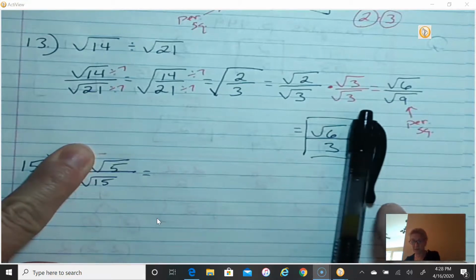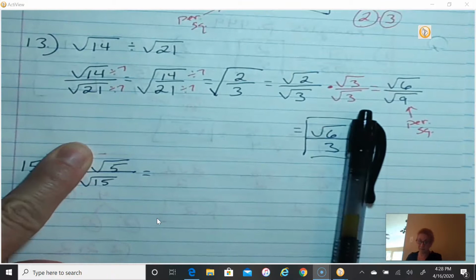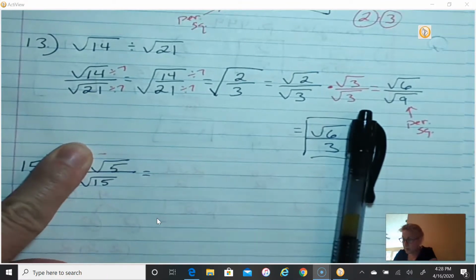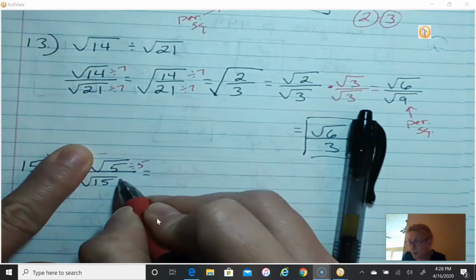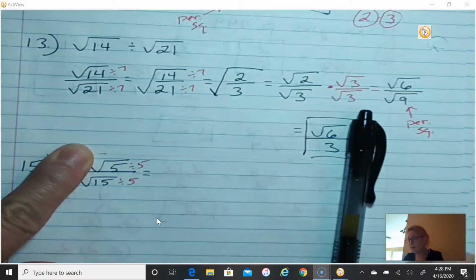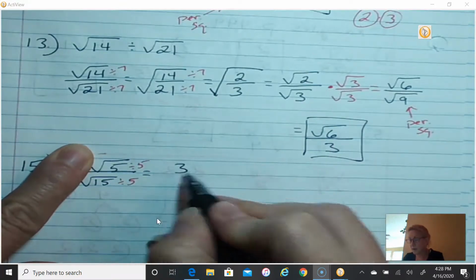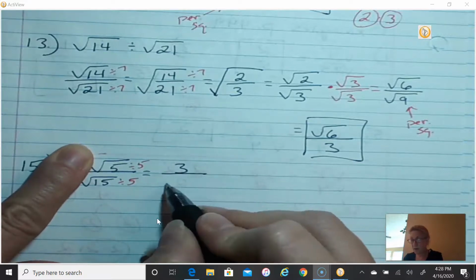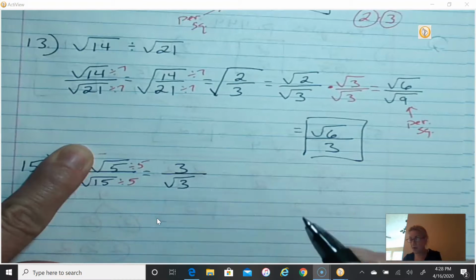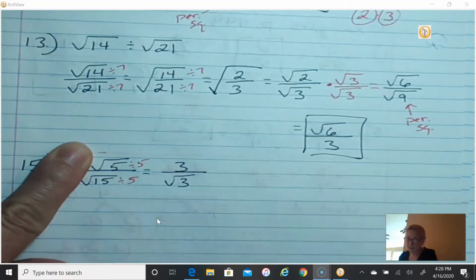Just like dividing, you can reduce this thing. So 5 can be divided by 5 on both ends. So we get 3 on top over square root of 3 on the bottom.